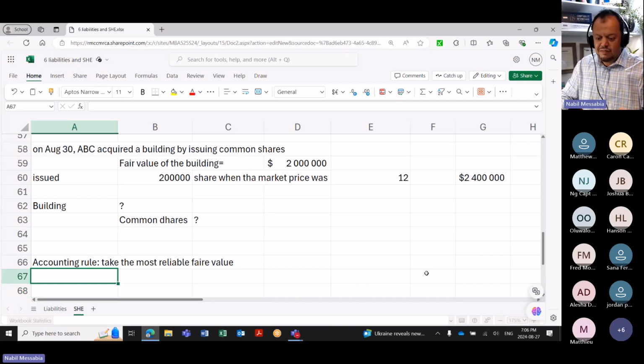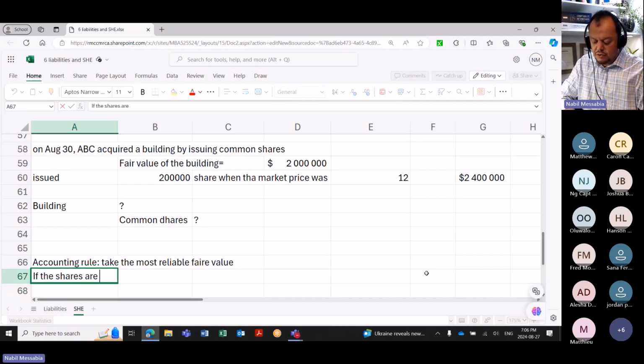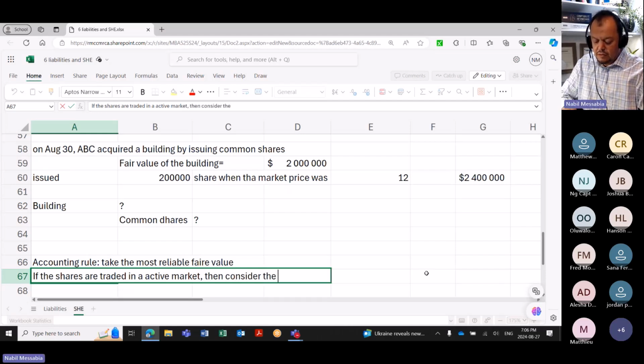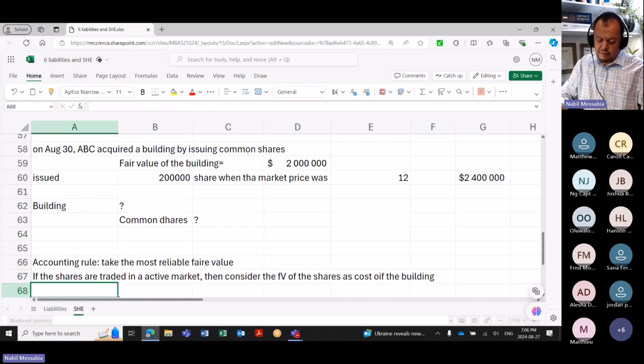So now if the shares are traded in an active market, then consider the fair value of the shares as what? As cost of the building.